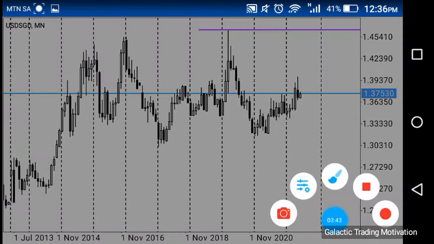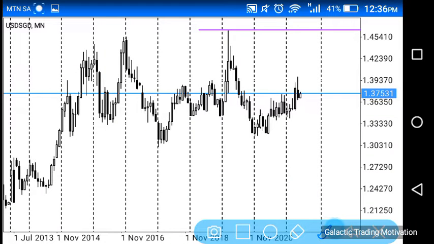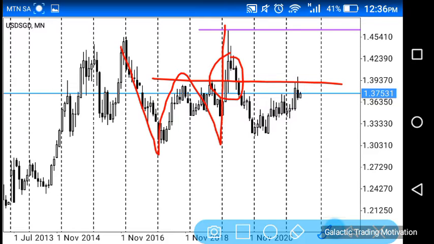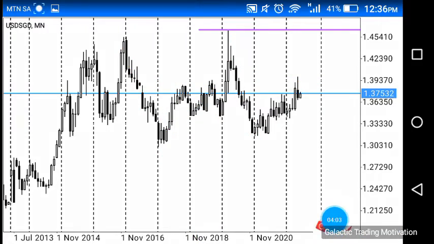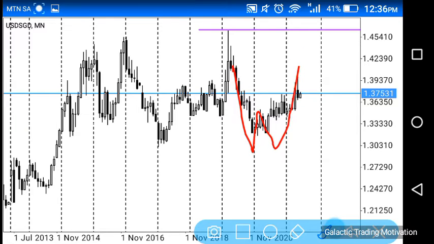We also saw the formation of a W in this region, with the neckline being there. The neckline was broken, and price came back to retest it. However, the neckline was not able to hold, making this W formation irrelevant in my opinion, because price went further down. Right. We also had a smaller W in this region, with the neckline being there.